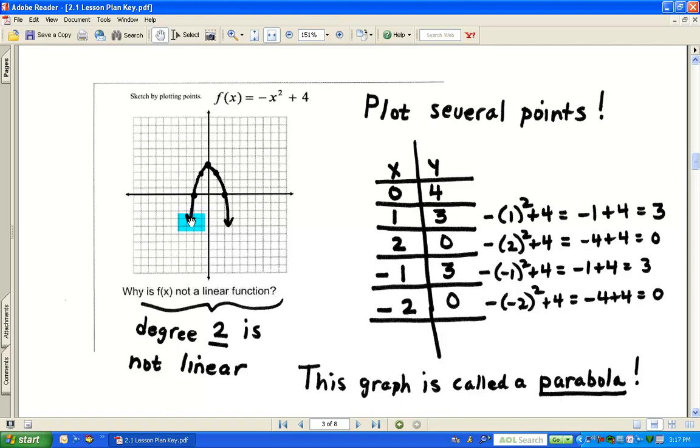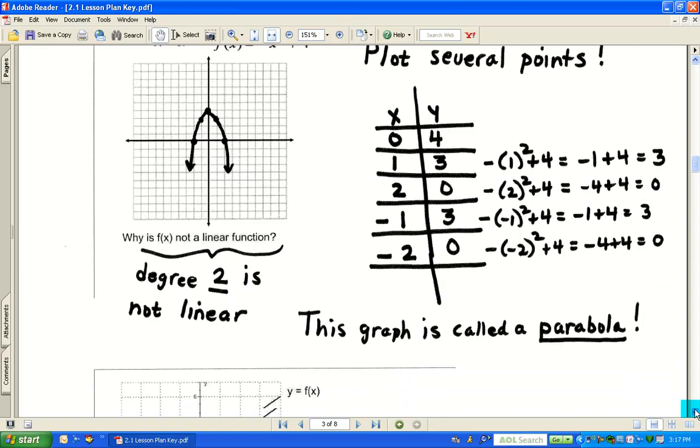I've already told you that a second degree function is going to be a parabola, sort of a horseshoe. This one opens down, so you connect the dots. You make it sort of a U-shaped graph opening down. And the reason I put arrows is because this graph continues to go down. It doesn't stop. So there's your introduction to graphing parabolas.